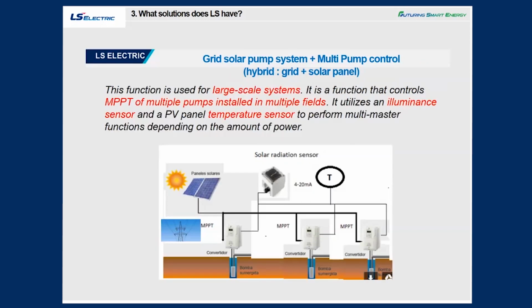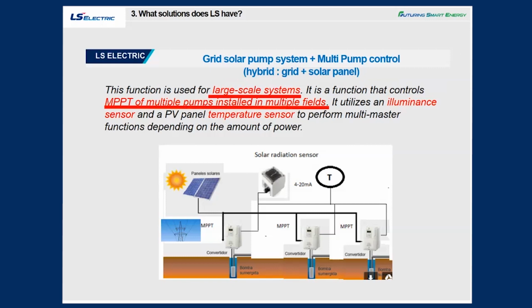And this function is used in a large-scale system among the market demand system of the solar pump application, and to control MPPT for a number of pumps installed in multiple fields.